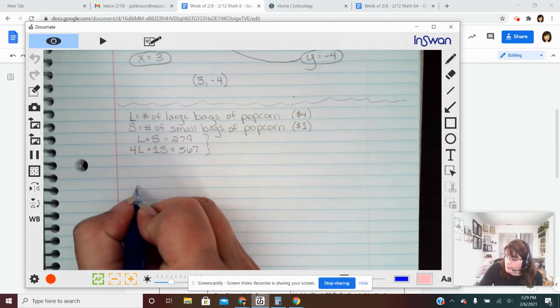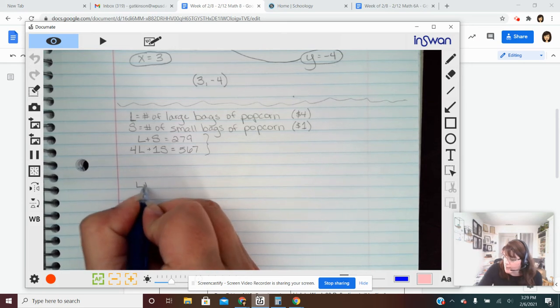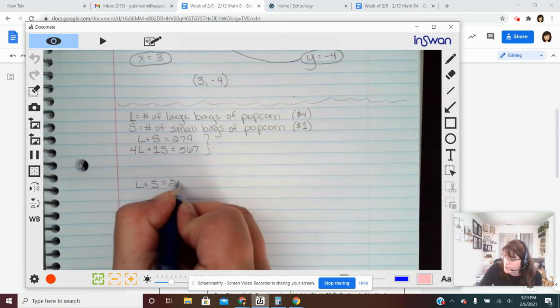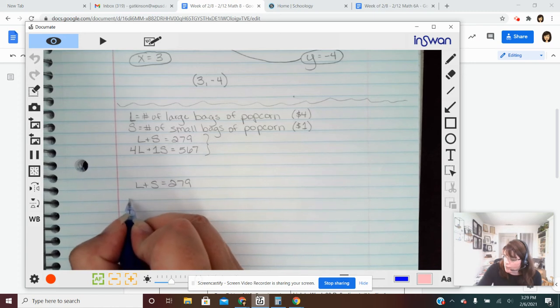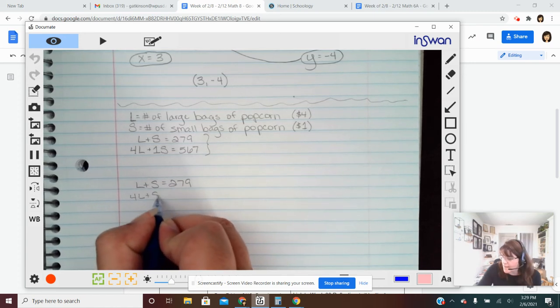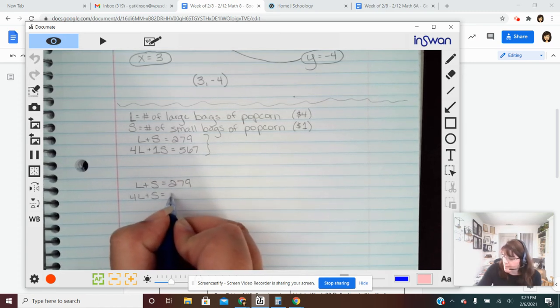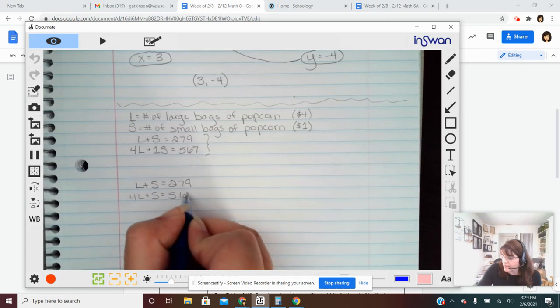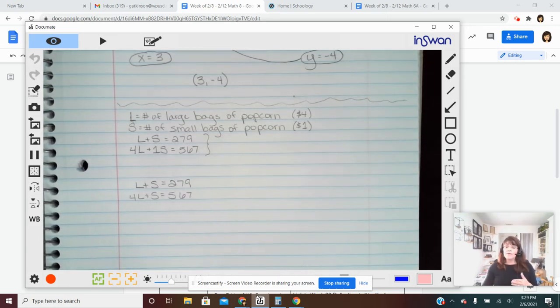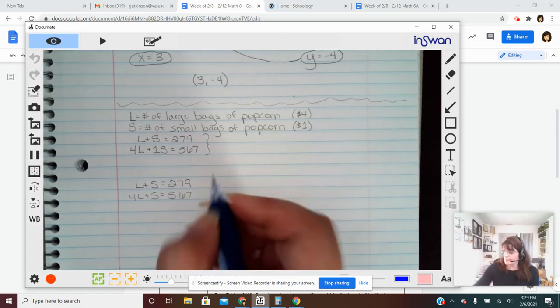It's the only reason I'm rewriting it. L plus S, 279, 4L plus S, 567. Now, I would tell you, if it helps with clarity and understanding your notes, you should rewrite it as well.